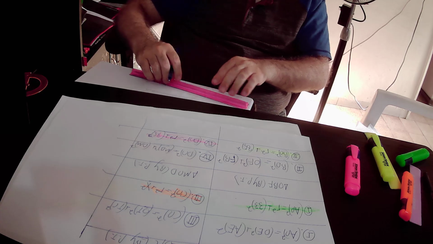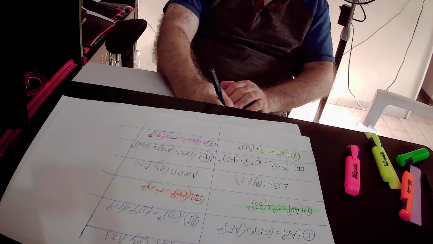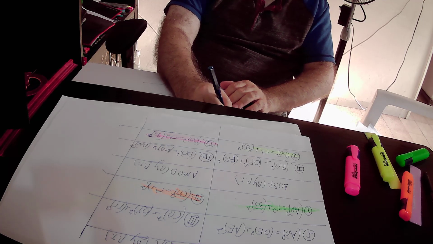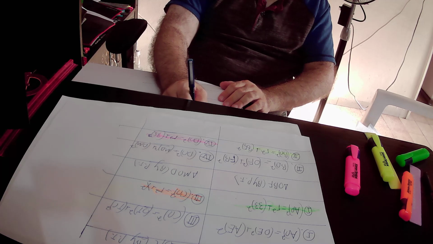According to equation number 1, we found out that AO squared equals R squared plus 33 squared.